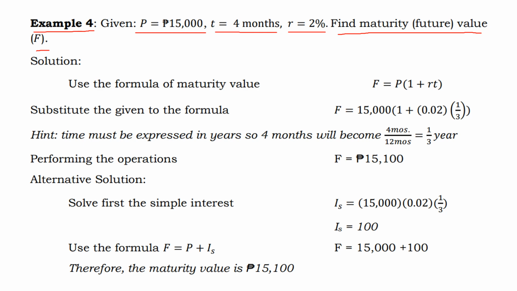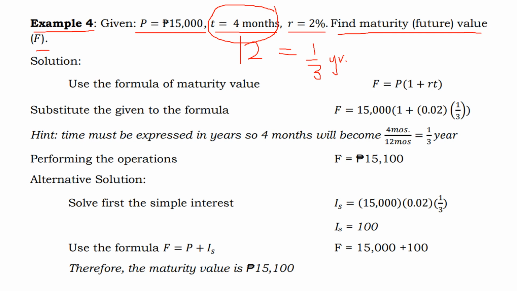In this case, the given value of T or term is 4 months. That's why we need to divide it by 12, or simply it is equal to 1/3 year. So the term, which is equal to 4 months, can be converted to 1/3 year.